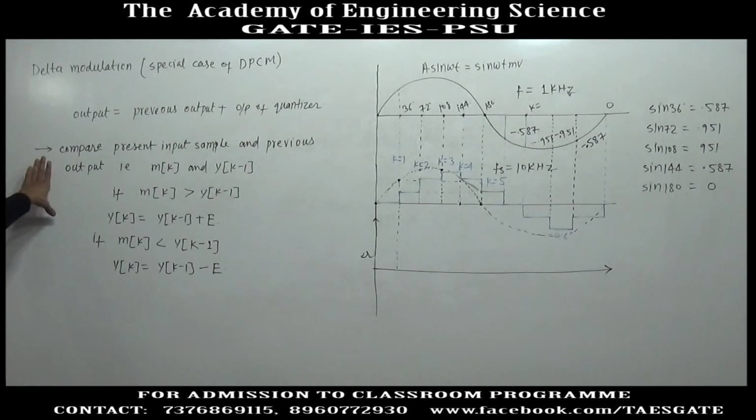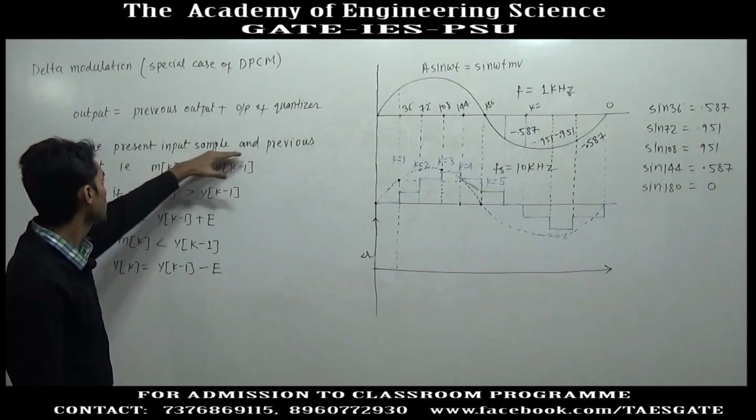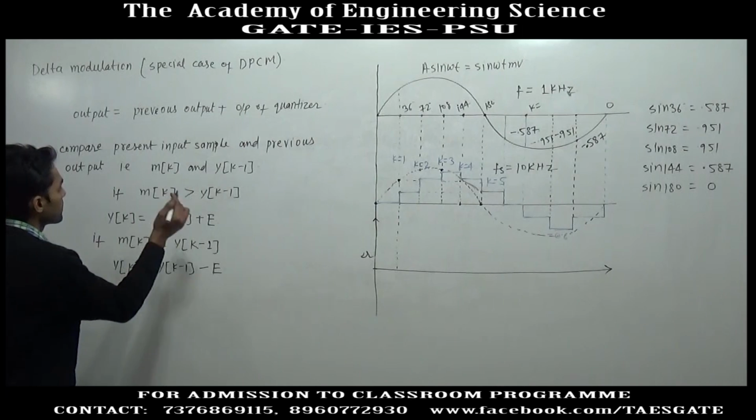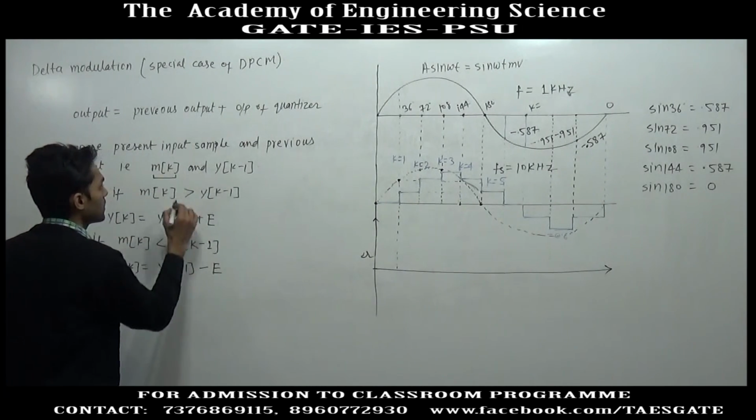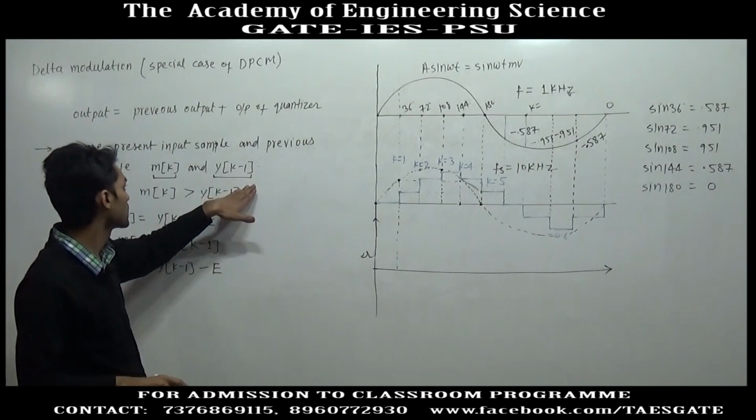So, overall this is what we will do to find the output of the delta modulator. At each instant of k, we will compare the present input and the previous output. If I represent the present input by mk, the previous output at the kth instant will be yk minus 1.